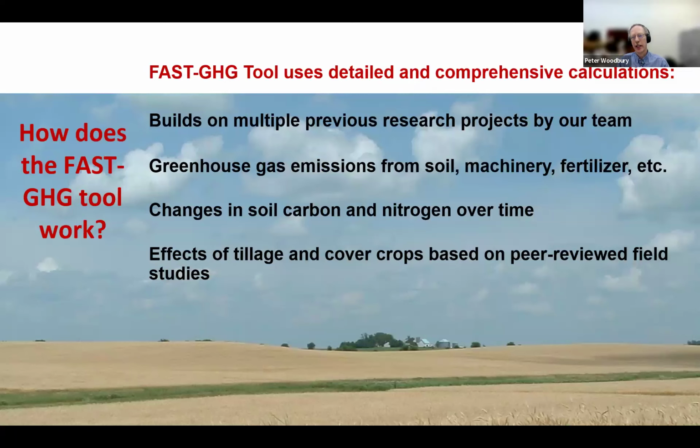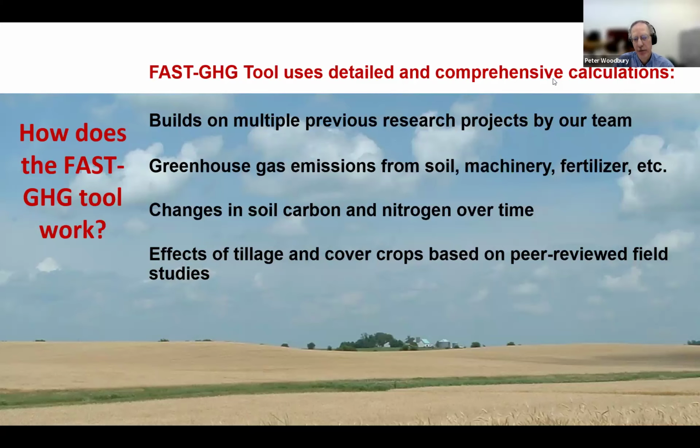So here's just a little bit more about how the tool works. We build on multiple previous research projects by our team and by many other teams. We look at the greenhouse gas emissions from soil, machinery, and fertilizer. The tool also analyzes changes in soil carbon and nitrogen over time.